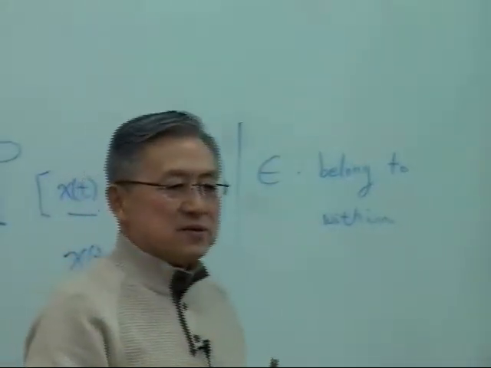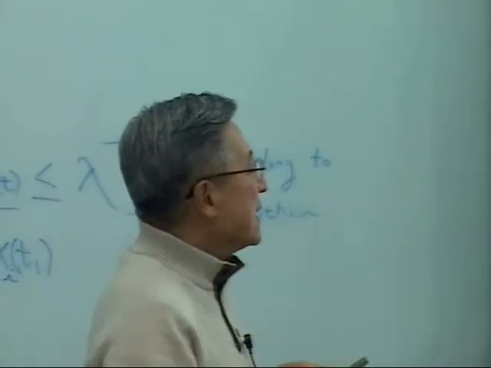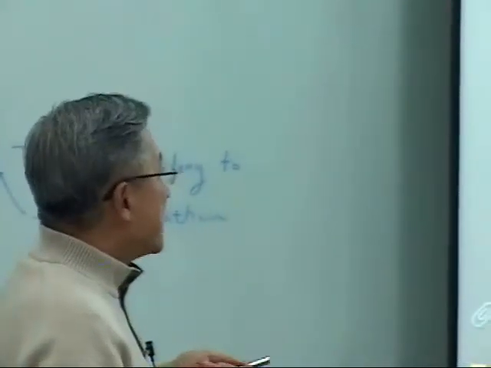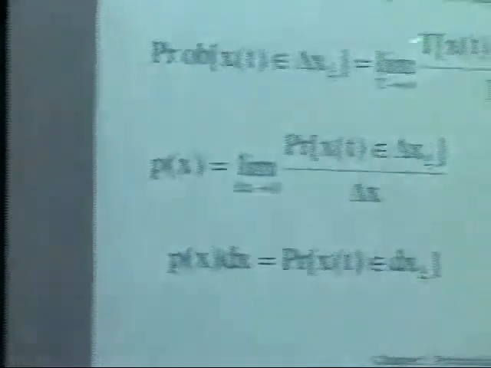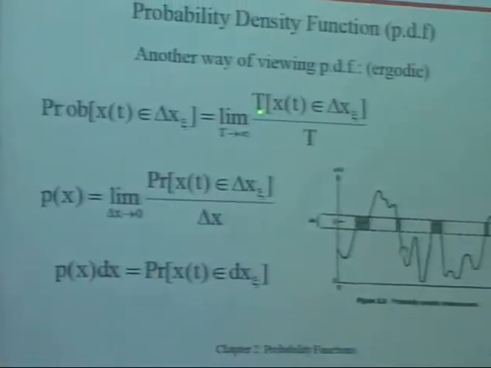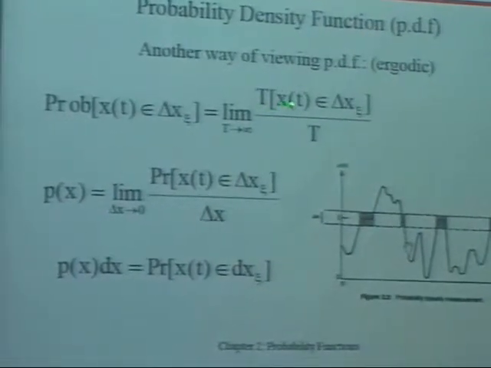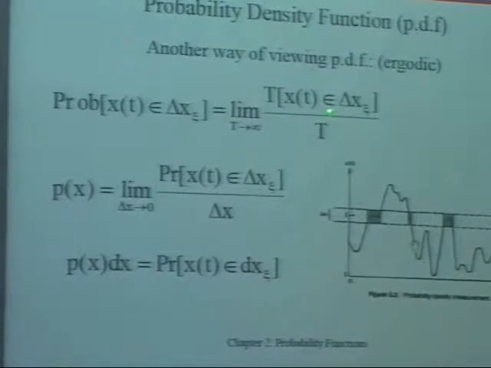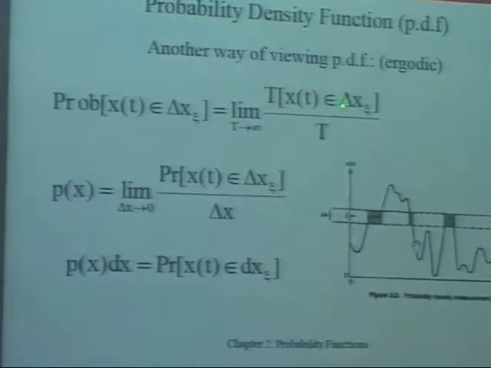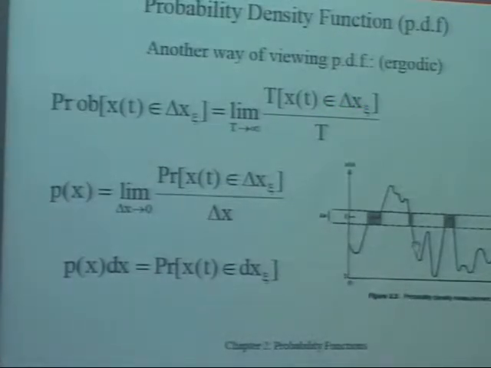Either way has the same meaning. And the time duration is T here. Time duration T, that x is within or belongs to the delta x chi.